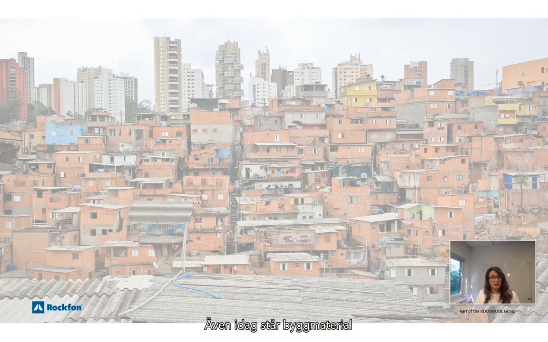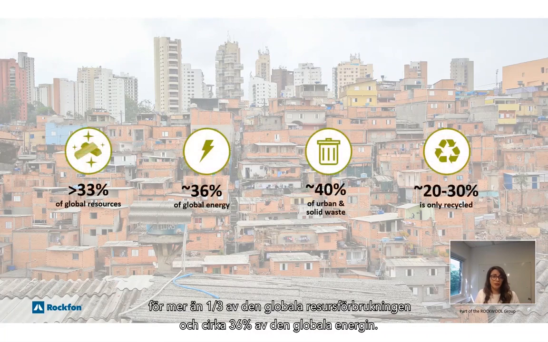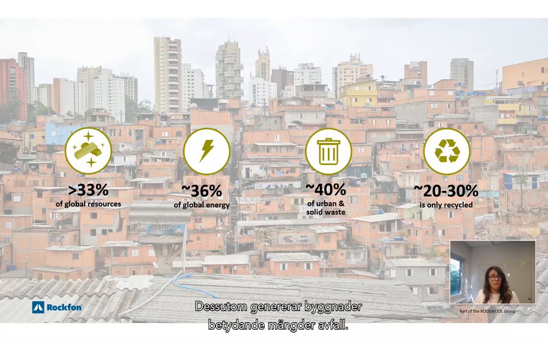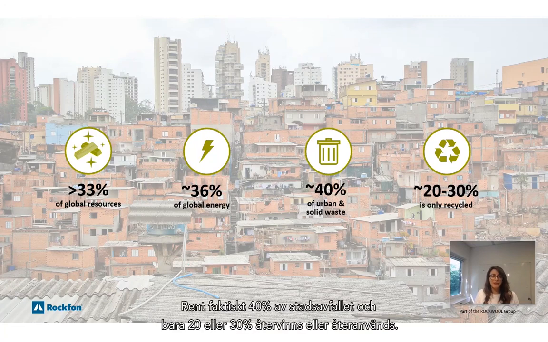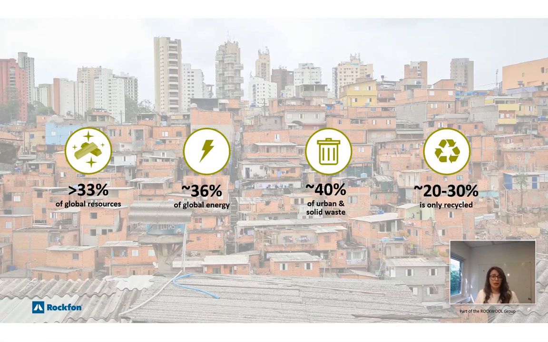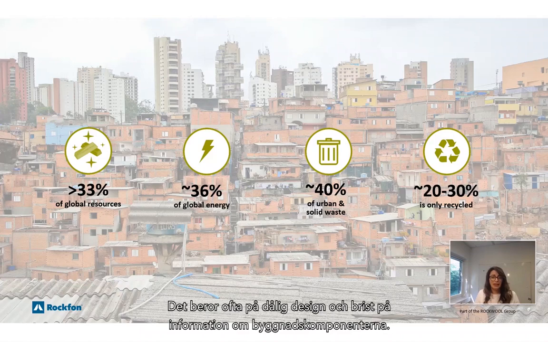Even nowadays, construction materials are responsible for more than 1/3 of global resource consumption and around 36% of the global energy. What is more, buildings generate significant amounts of waste, in fact 40% of the urban solid waste, and from that, only 20 or 30% is recycled or reused, which is often due to poor design and lack of information on building contents.